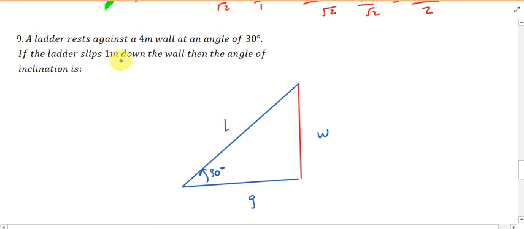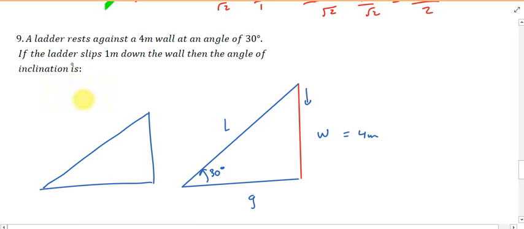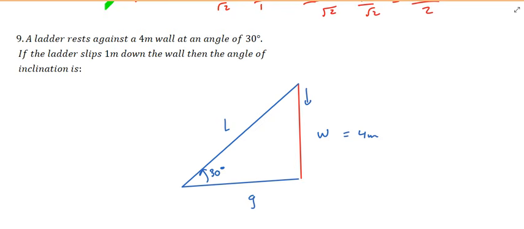If the ladder slips 1 meter down the wall, right? So it was 4 meters. Now looking at the new scenario, the same diagram we can say, so now the ladder is somewhere around there because it slips down 1 meter down the wall.